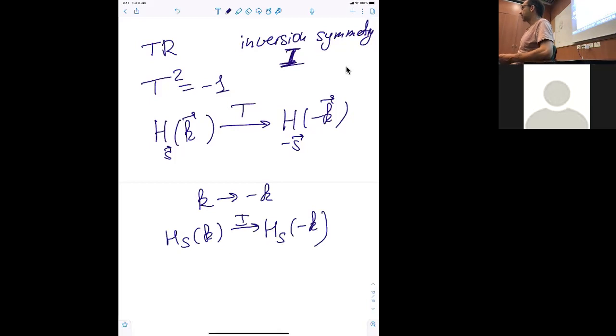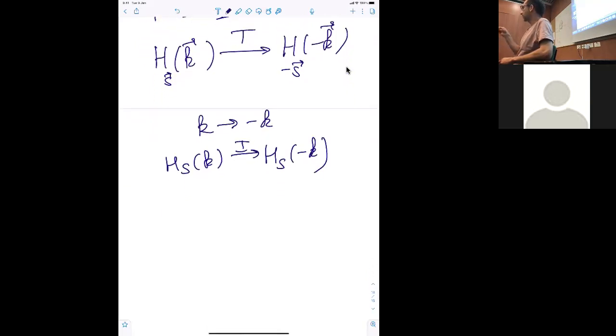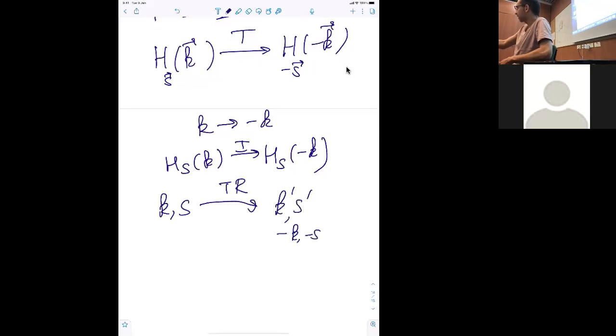We know that there is such a thing which is called Kramers pairs. So what does it say? Correct me if I'm wrong, but I think it says that if there is a time reversal symmetry, then for each microscopic state of the Hamiltonian, say K and S, there is a partner state connected by time reversal symmetry, let's call it K prime S prime, which is actually -K -S.